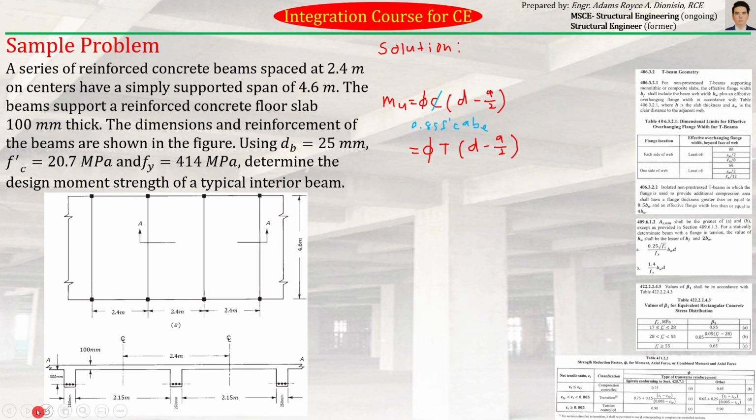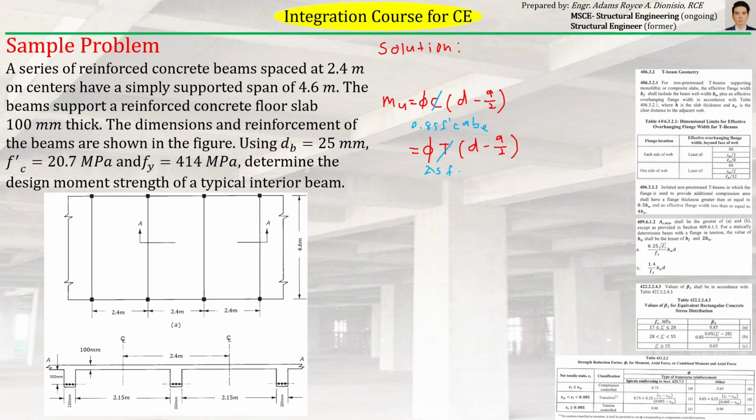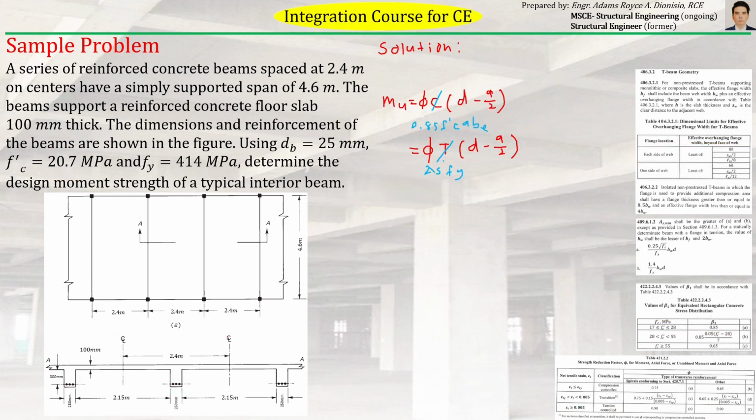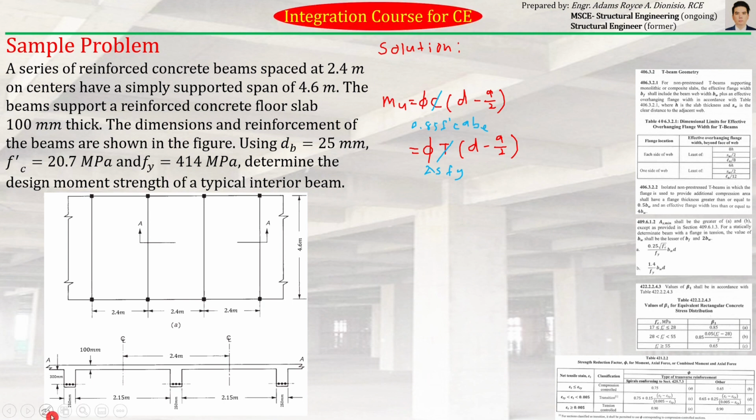Okay, wherein yung T natin, napakita na rin natin kanina, yung T natin is just equal to AsFy. So either of the two pwede naman na gamitin to compute for the moment capacity. So siguro I'll just use kahit yung AsFy na lang.